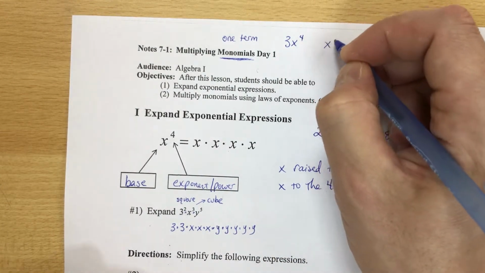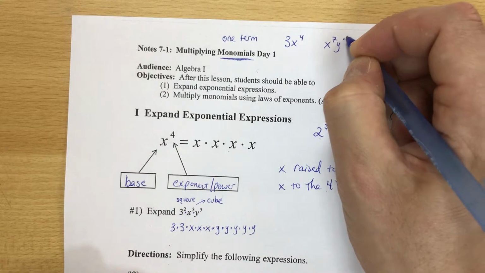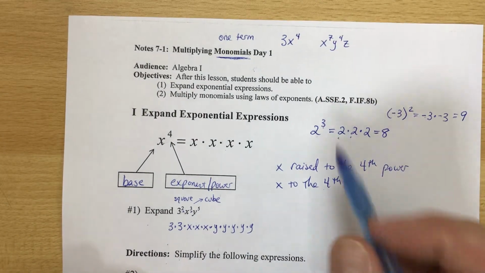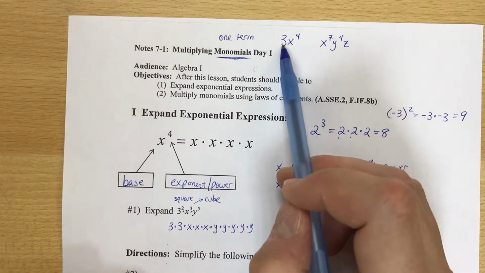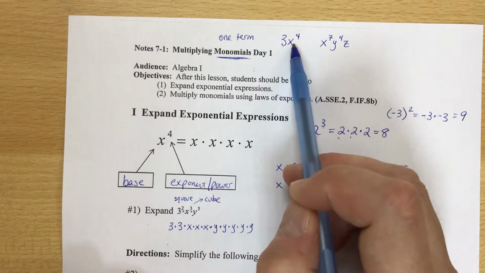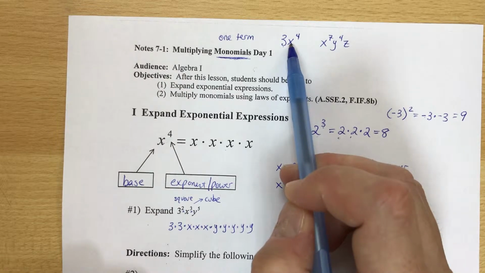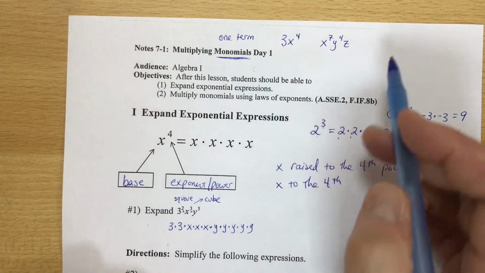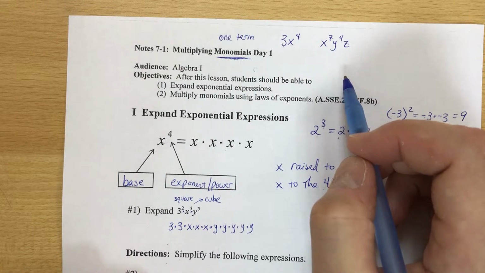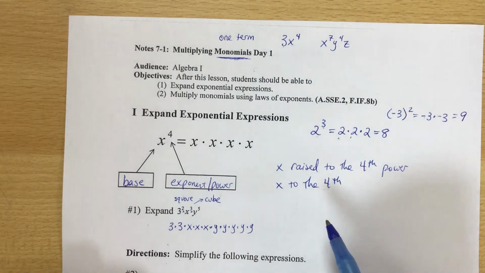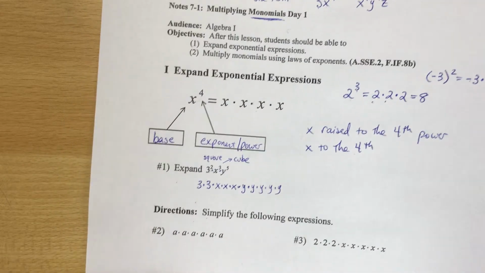If I said x to the seventh, y to the fourth, z, that is a monomial. So it's some combination of a number, a variable, or a product of a number and a variable. And to get specific, a monomial does not have a square root or anything like that.